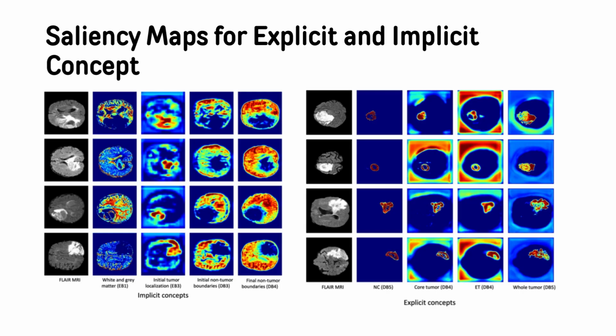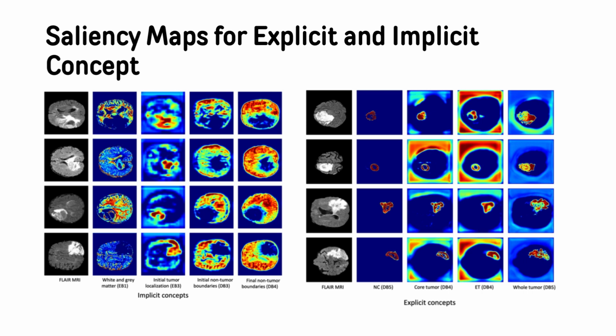The saliency map here, we are trying to look at the visualization got from the TransX AI, in such a way that it is trying to give us the result. These results are in white and gray matter. There is a FLAIR MRI, initial tumor localization, all those aspects which have been seen in there.